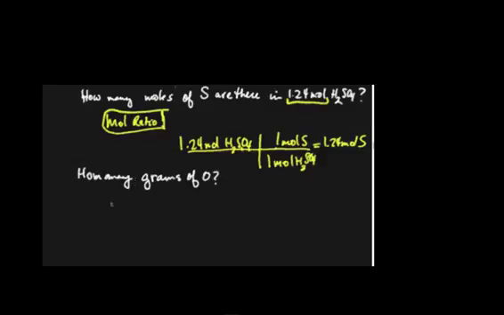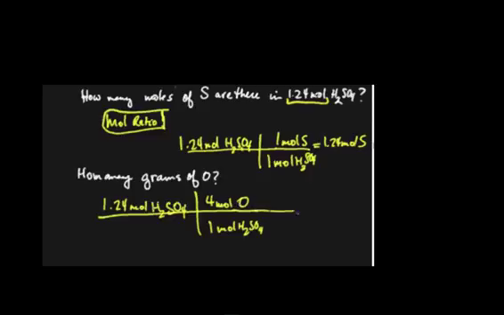Yes, the mole ratio. So again, we start out at the beginning. You take this here and you use your mole ratio. That mole ratio tells me that for every 1 mole of H2SO4, because of that 4 right there, I got 4 moles of oxygen.